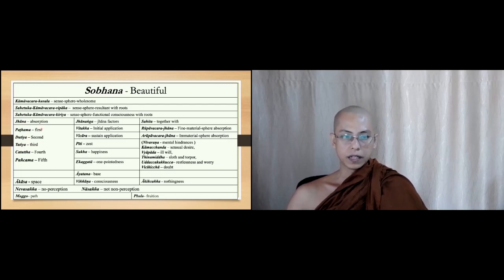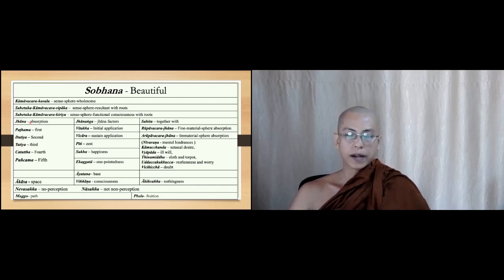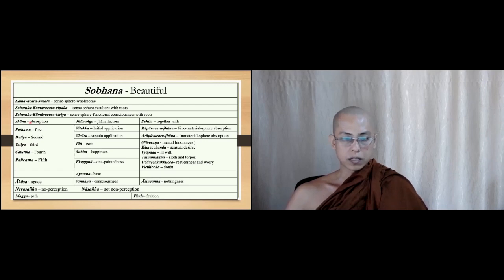This is related to the jhana. That's why I put the word jhana. Jhana is absorption. When you practice samatha meditation and your concentration becomes strong enough to attain jhana, you will attain jhana.